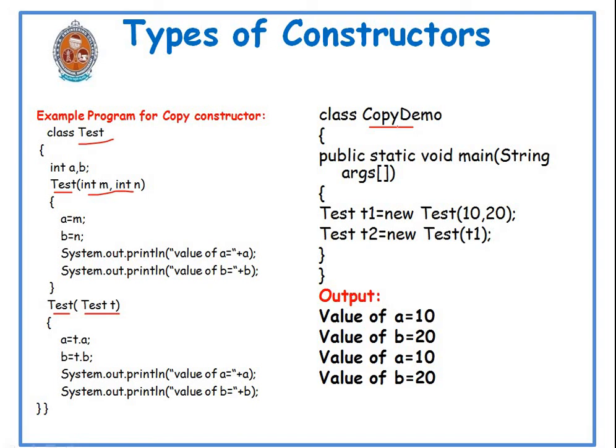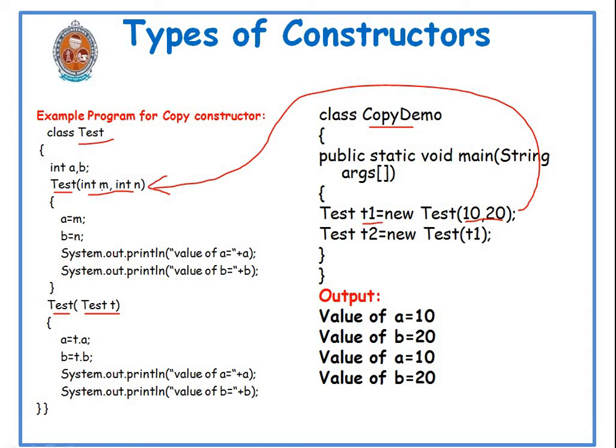Coming to the main method of class CopyDemo, inside the main method we have created two objects. Whenever we call the first object, t1, with two ordinary parameters, it automatically invokes the parameterized constructor. The control is transferred from the calling statement to the called constructor, that is, from the main method to the parameterized constructor, and the values 10 and 20 are copied into m and n respectively.